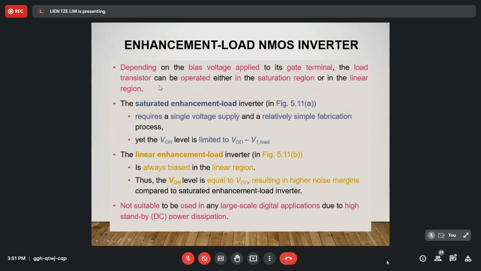About the enhancement load NMOS inverter, it depends on the bias voltage applied to its gate terminal. It operates in two operation regions. The transistor here refers to the load transistor. It can be operated either in the saturation region or in the linear region.